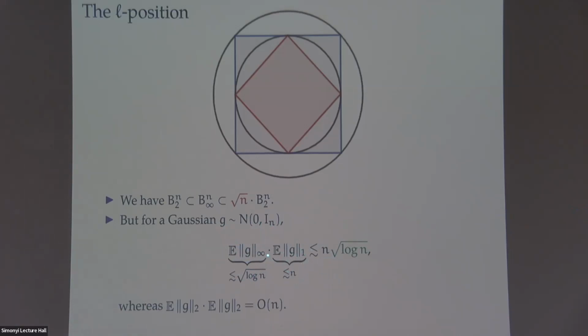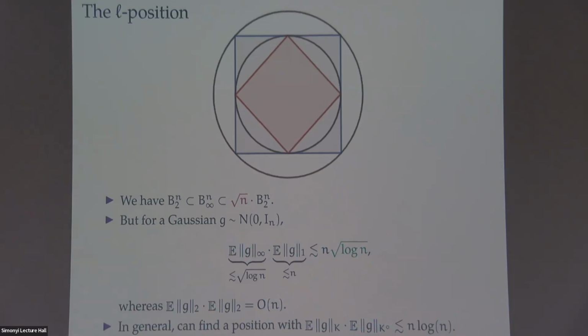That's easy to see by linearity of expectation. Therefore, this product, the so-called LL star product, in this case, is at most n times the square root of log factor. And in the unit ball case, it's order n. So essentially, you can see here that I'm off by a logarithmic factor, which is good. And it turns out that they prove that in general, this is possible. For any convex body K, I can always put it in this average, well-rounded position.